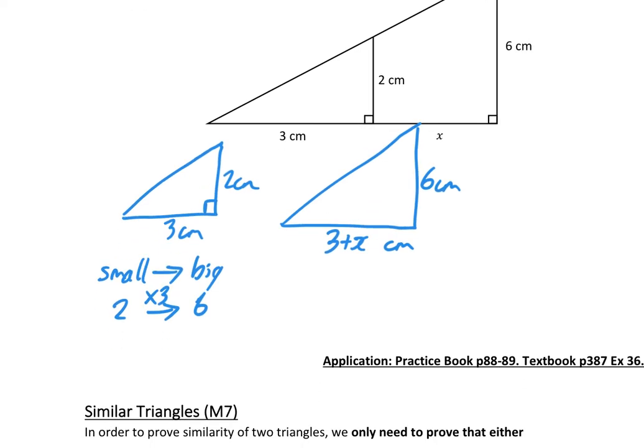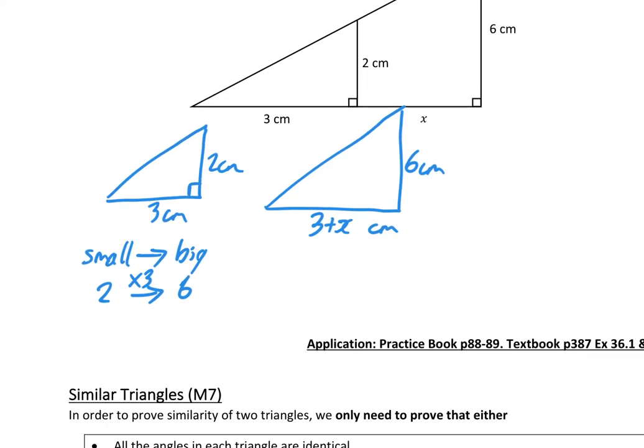So the same idea means we'll use the arrow notation again: the side 3 gets multiplied by 3 to give you 3 plus x.